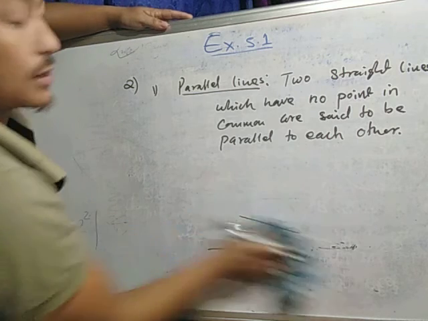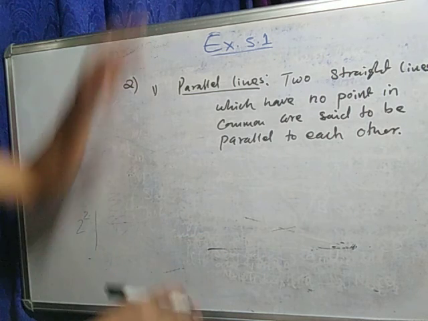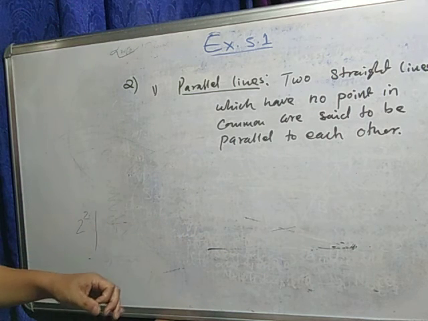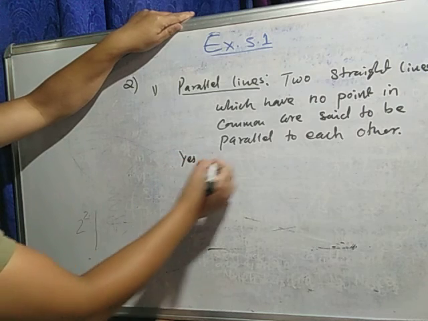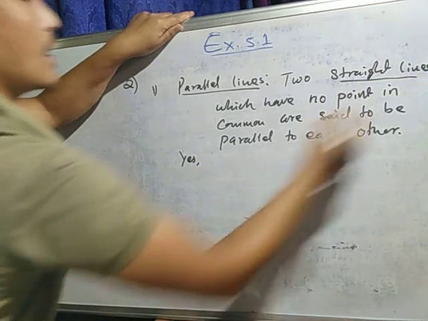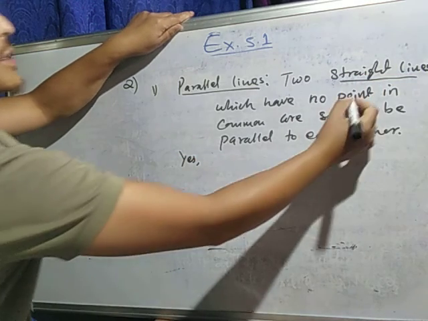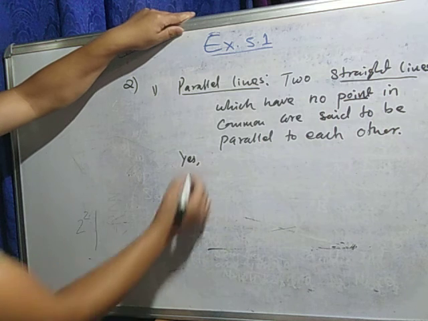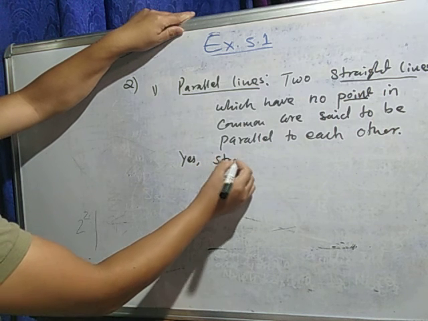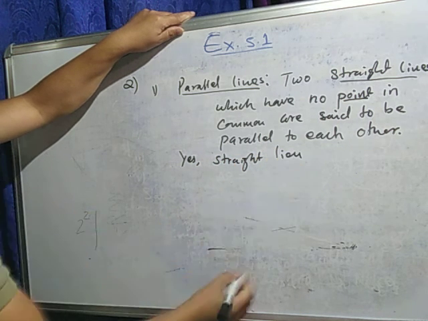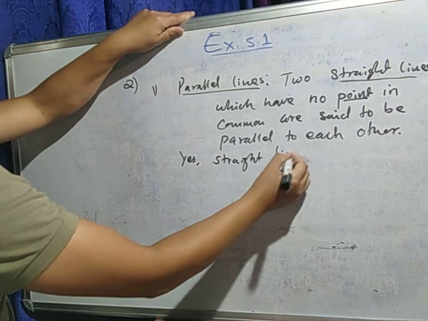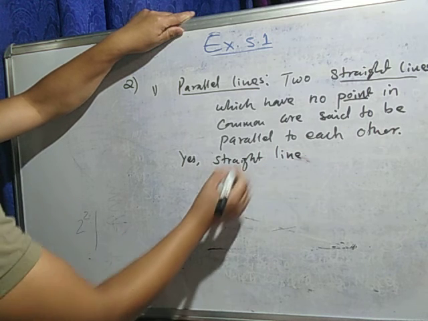So second part: are other terms needed to be defined first? Yes. What are they? Straight lines and point. So write down straight line and point.